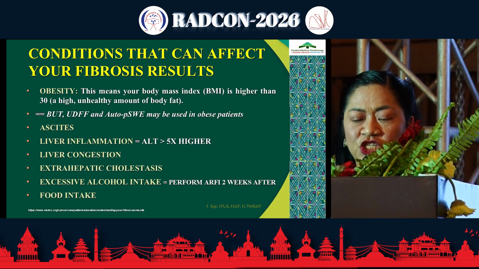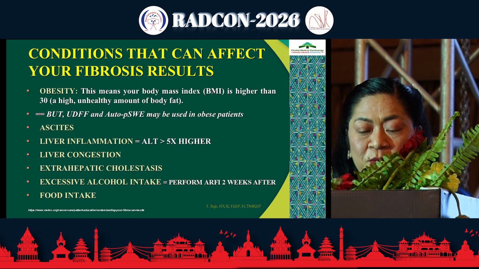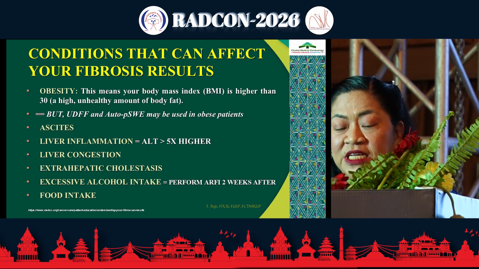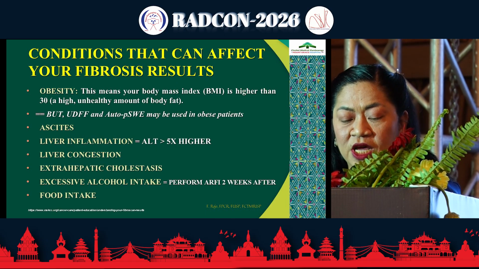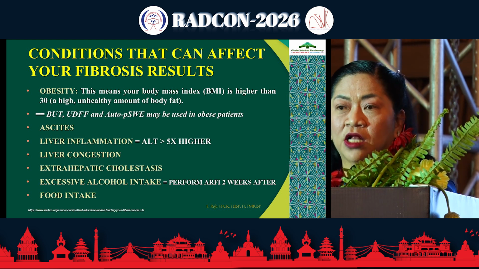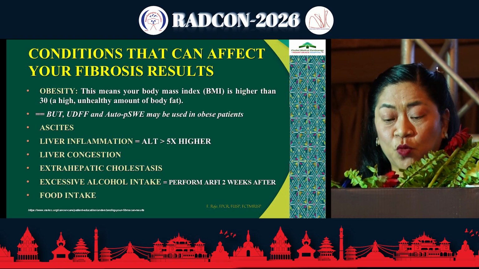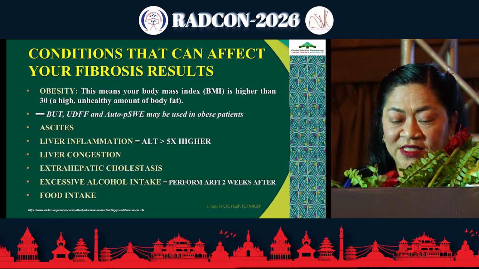So these are the conditions that affect fibrosis measurement: obesity, ascites, liver inflammation like an SGPT which is 5 times higher, liver congestion, extrahepatic cholestasis, severe alcohol. If you have severe alcohol, you perform RFE 2 weeks later. And even food intake, so that's why we need fasting.